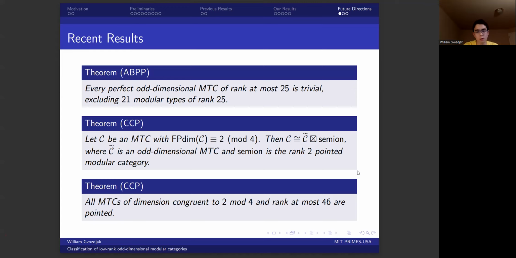This can be seen using this theorem, an application of our results, which states that all modular categories of dimension congruent to 2 mod 4 and of rank at most 2 times 23 equals 46 must be pointed.